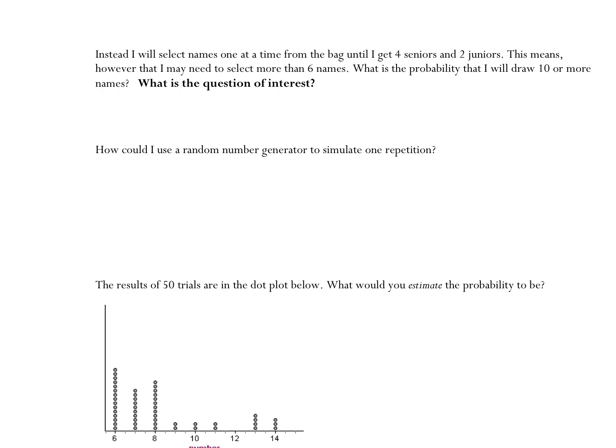So, guys, what's our question of interest here? As we go through, if I go to do this, first of all, should I be generating 6 at a time this time? No, because how do I simulate drawing my first person? 1 in 90, yeah?